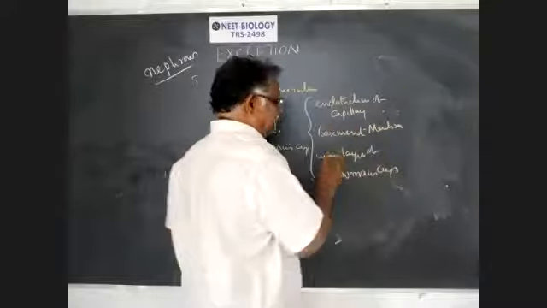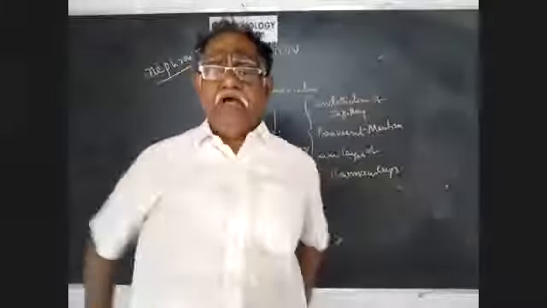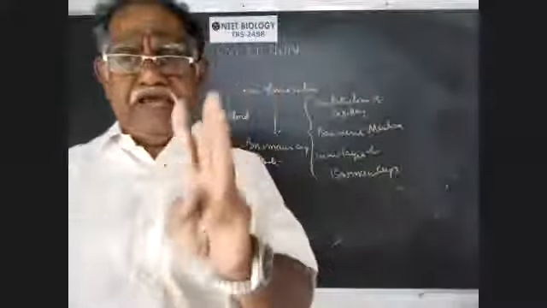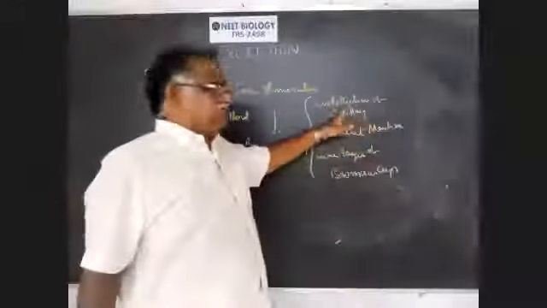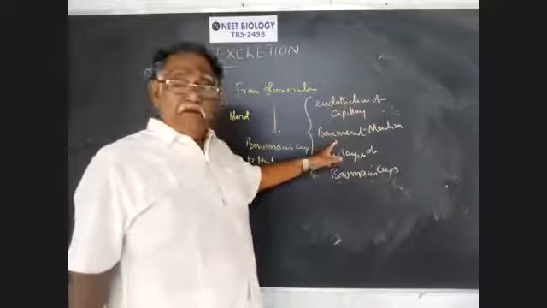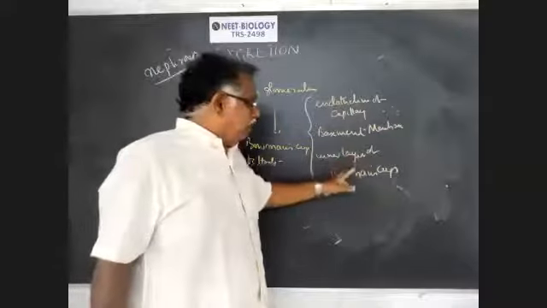These 3 layers constitute filtration membrane of the nephron. So, filtration membrane of the nephron is composed of 3 layers: endothelium of the glomerular capillaries, middle basement membrane and inner layer of Bowman's cup.